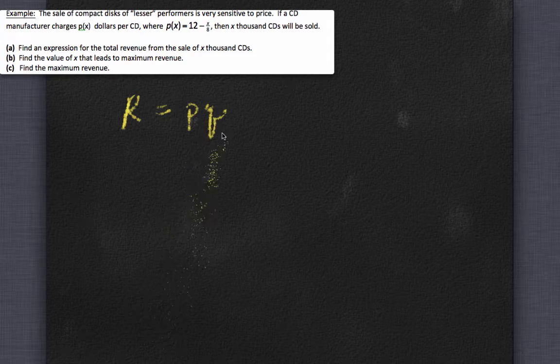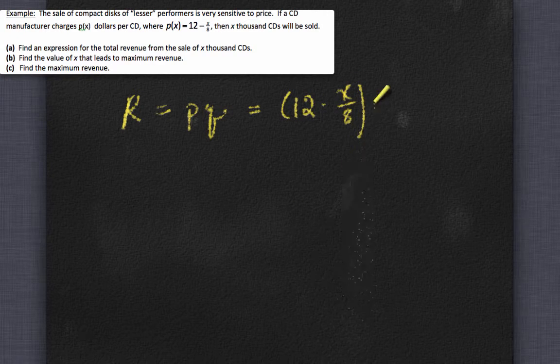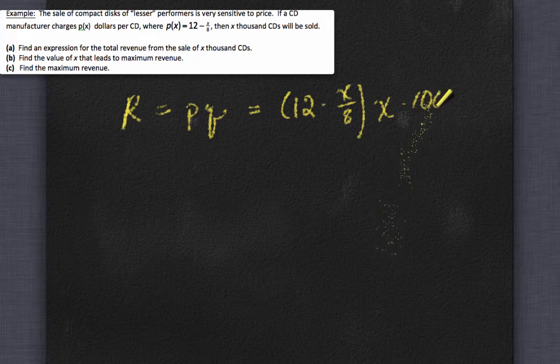So revenue is always price times quantity. We want to find the expression for the total revenue from x thousand CDs, so we want it in terms of x. So the revenue is p times quantity, which is x times 1,000.